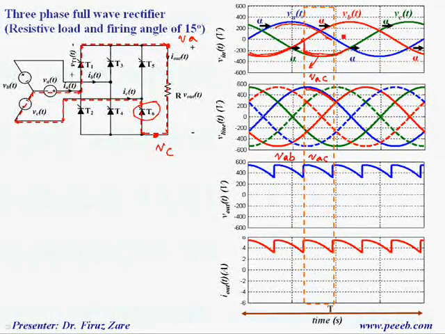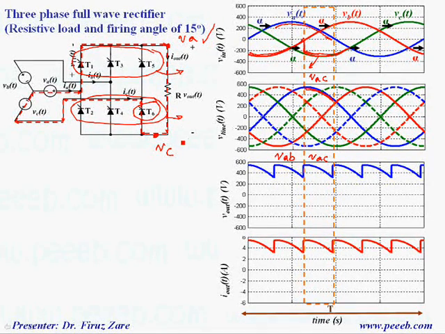In this case, as I described, we can look at the first half wave control and the second half wave control. The first one, the top one, creates positive voltage and the lower one creates negative voltage. So the output voltage is this terminal minus this terminal.